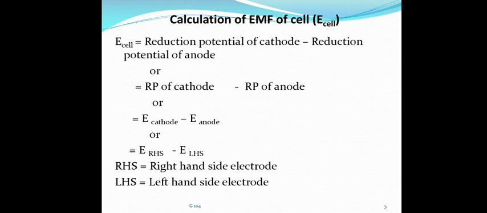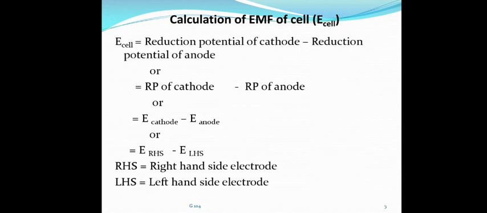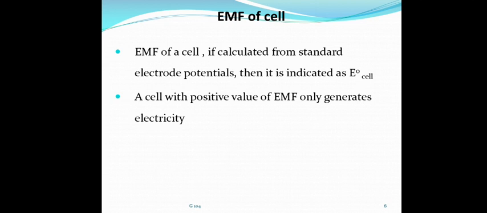So that is about the calculation of EMF. EMF of a cell is calculated from standard potentials and is indicated as E cell. A cell with a positive value of EMF only generates electricity. If the difference between electrode potentials is positive, then only it generates electricity. That you should remember.